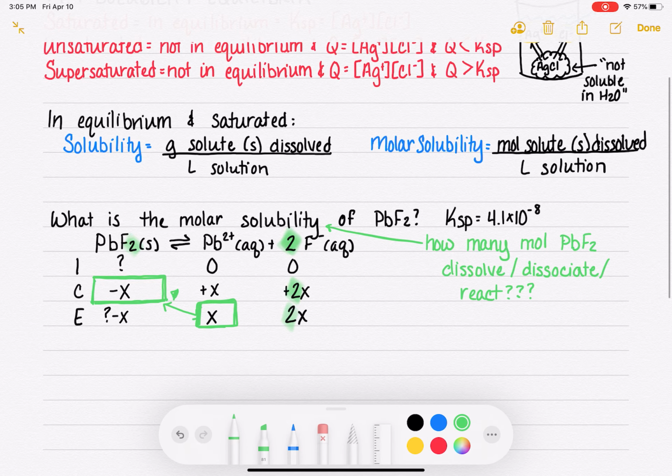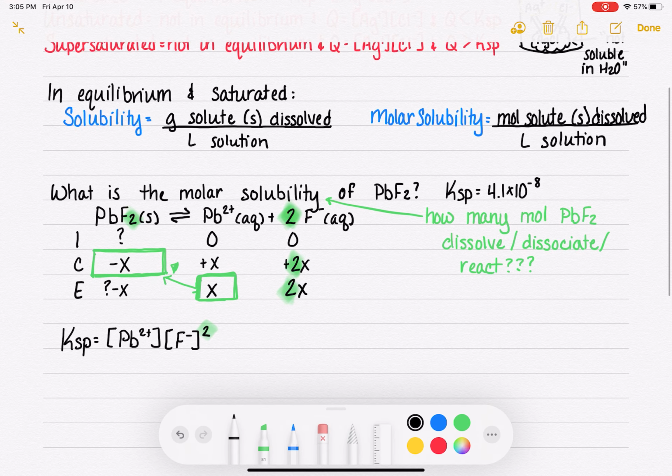So in order to solve for X, you need to set up an equilibrium expression, KSP. It is your product, Pb2+, times the F minus. Don't forget to square it. Where does that square come from? It comes from the coefficient in the formula.